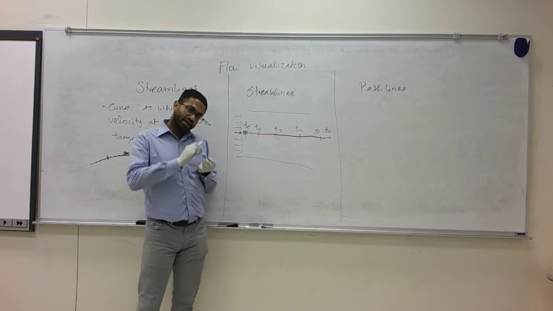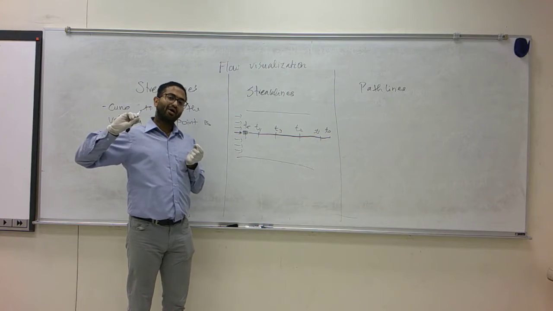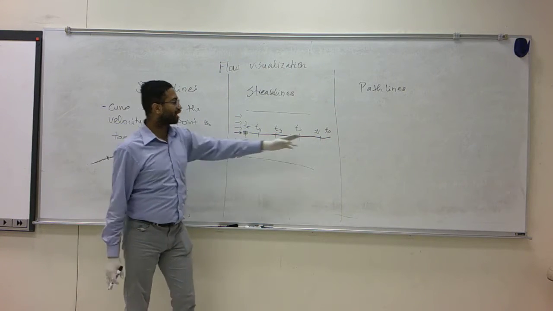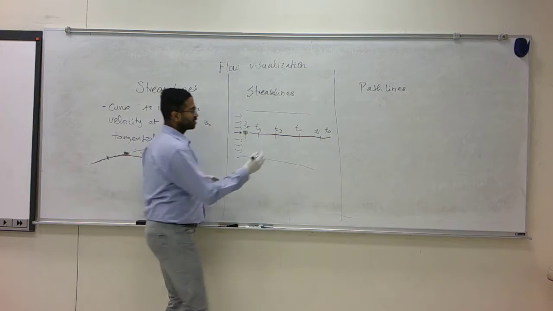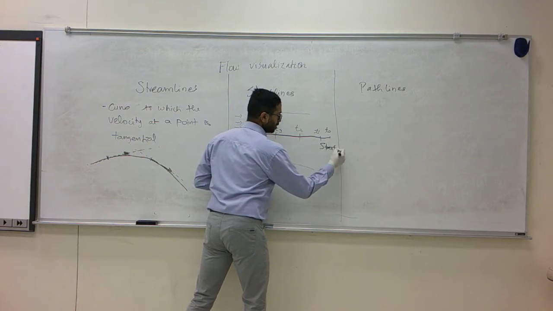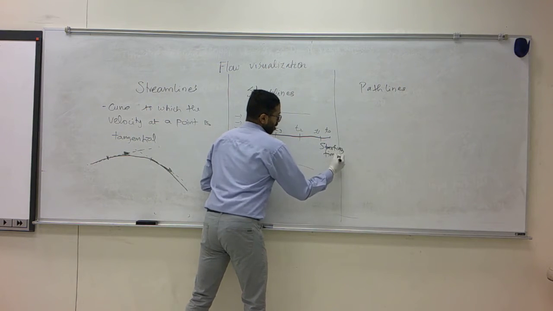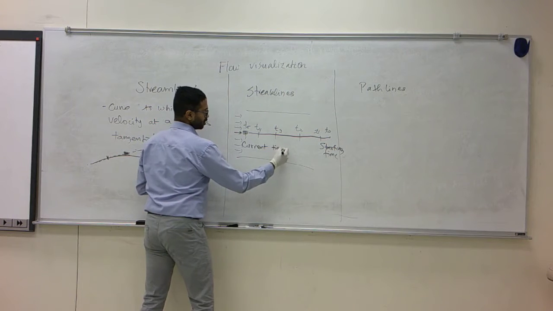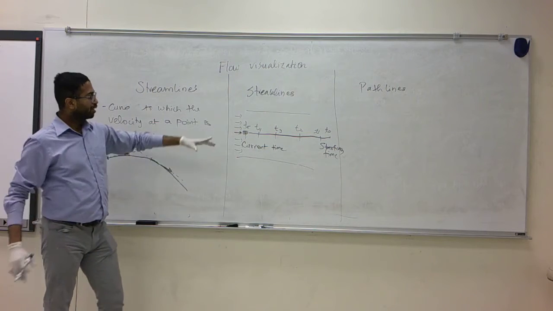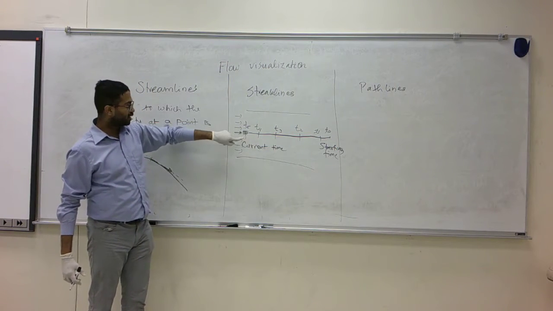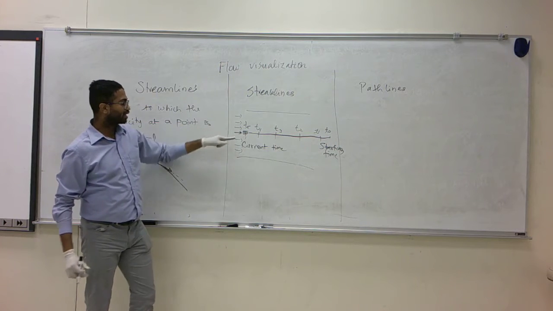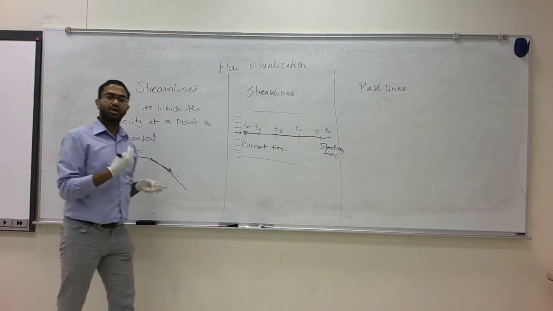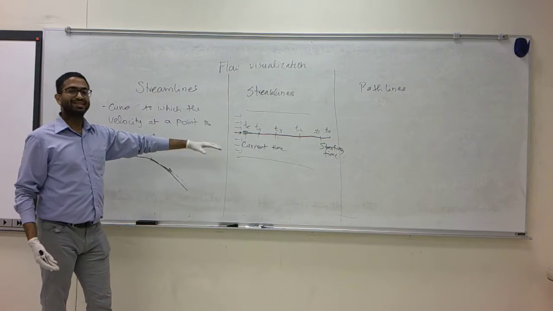So you are getting a streak of particles that all went through a common point for the duration of your observation, from the starting time to the current time. The line or the curve that joins all these points is called the streak line.